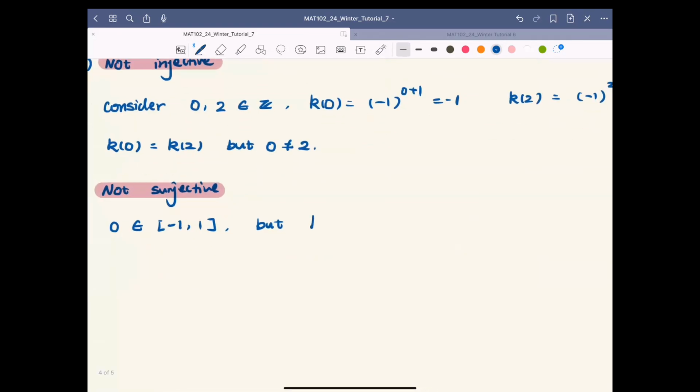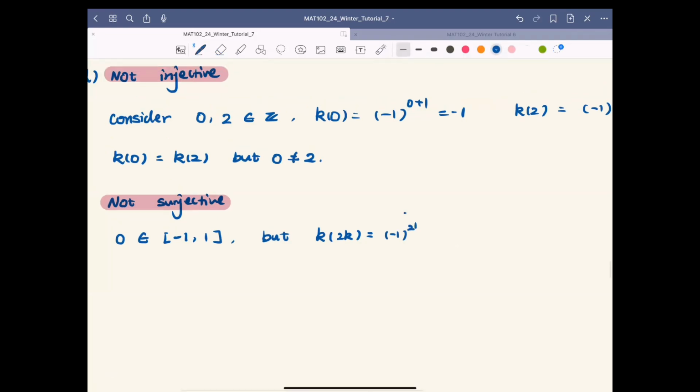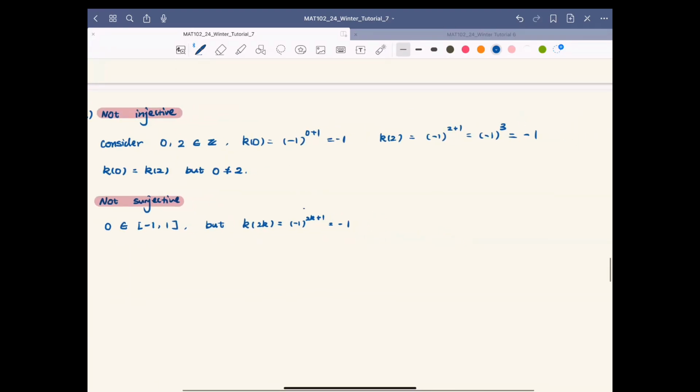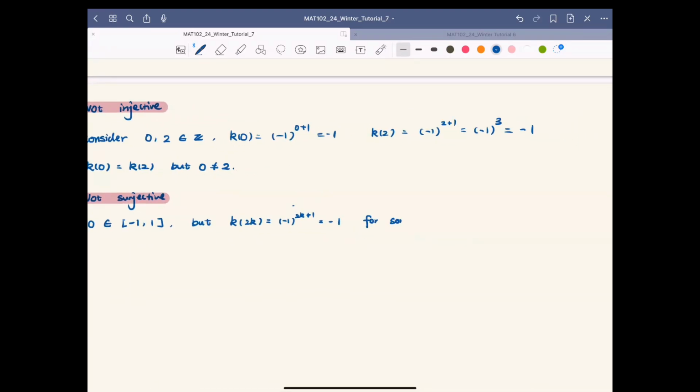Okay, I can just conclude the k of even number, or 2k, is -1 to the power of 2k plus 1, which is -1, for some k in integer, and k of 2l plus 1 is -1 to the power of 2l plus 1 plus 1, which is -1 to the power of 2l plus 2, which equals 1 for some l in integer.